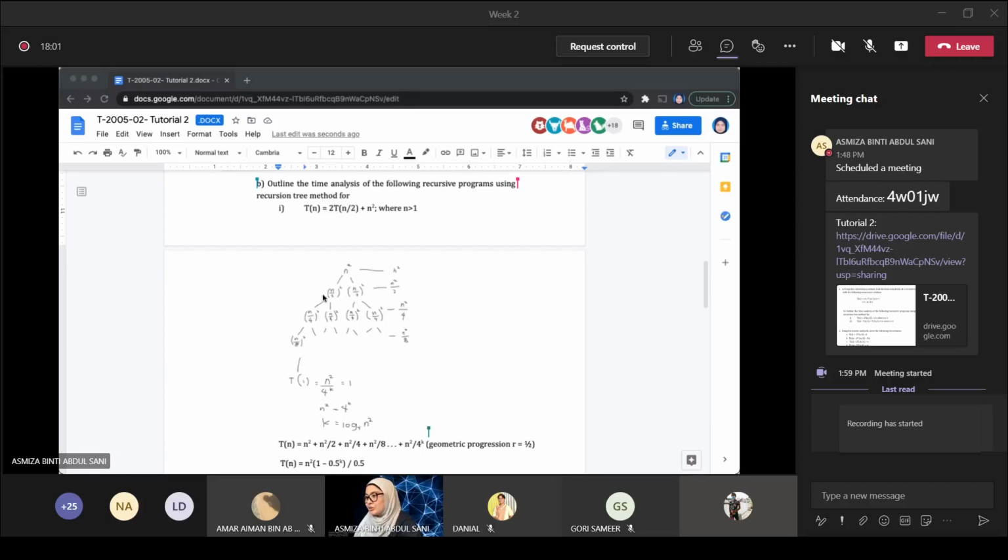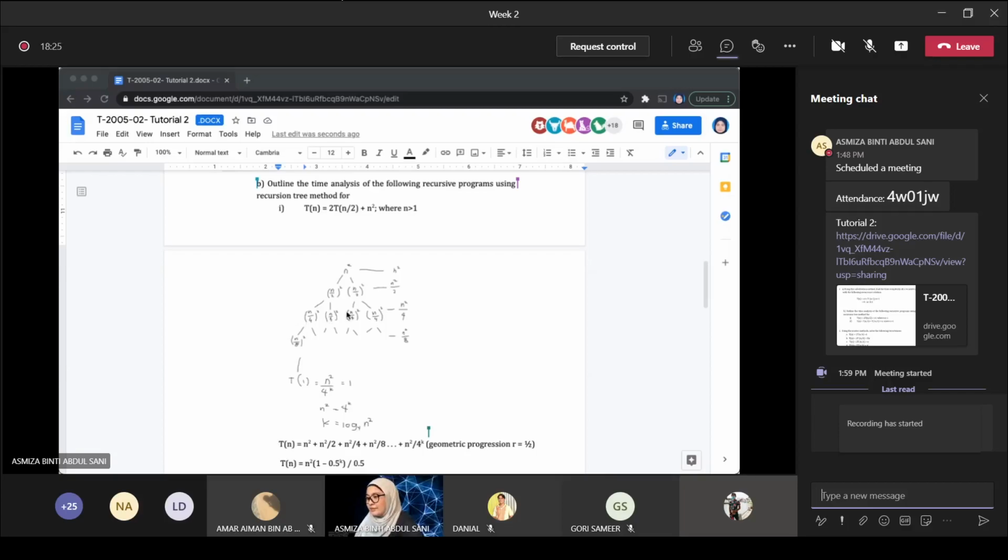The work done at this level would be n over 2 squared and n over 2 squared. And then you have two recursive calls of n over 4 and n over 4.